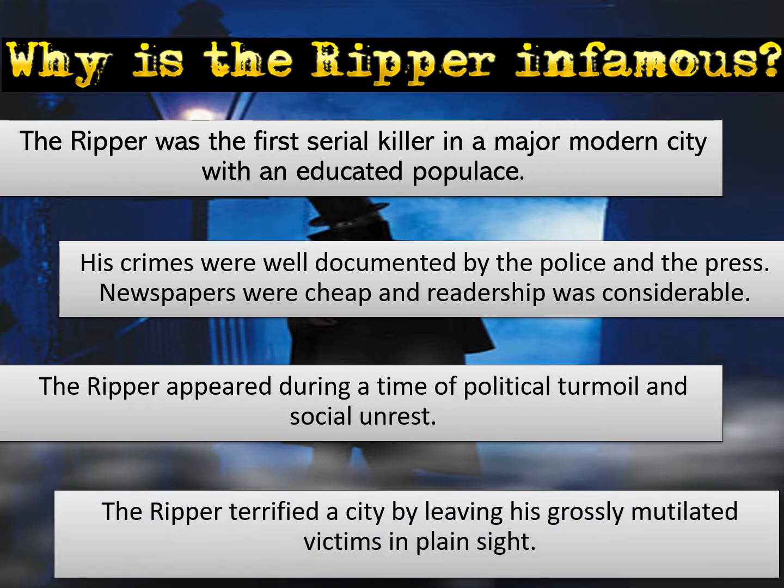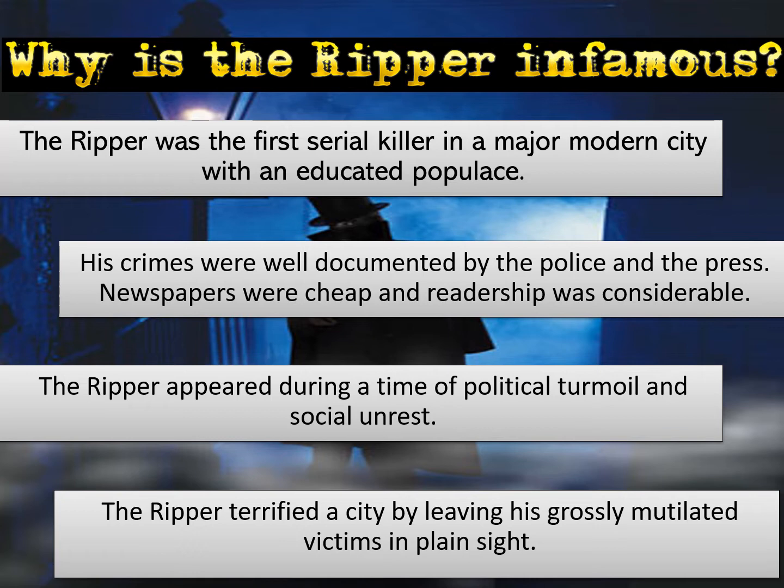The fact also was that the Ripper terrified a city the size of London by leaving his sort of grossly mutilated victims in plain sight. What we've seen so far is things like with Burke and Hare. When people do commit these types of crimes, the bodies are taken away and they're dumped somewhere out of the way, or they're put into graves, or they're sold to medical schools.